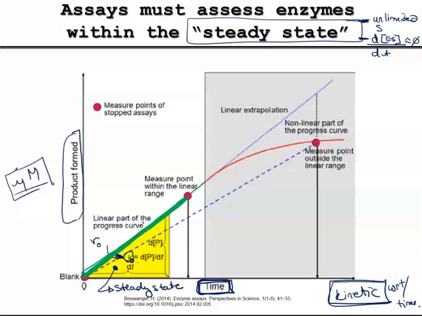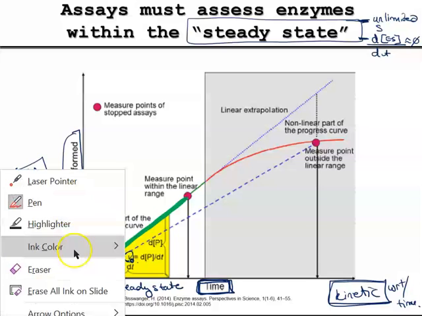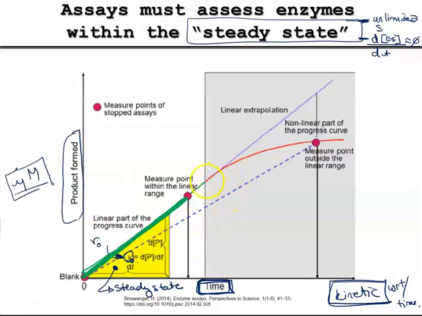Why? Well, think about it. If you're working in the red zone, the red line up here, you don't want to work up here because you're going to get an incorrect, non-valid measure of your enzyme activity.